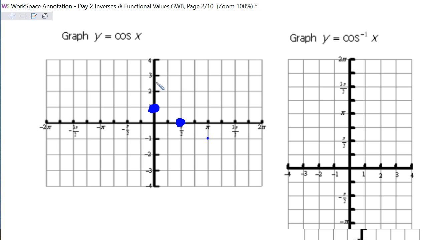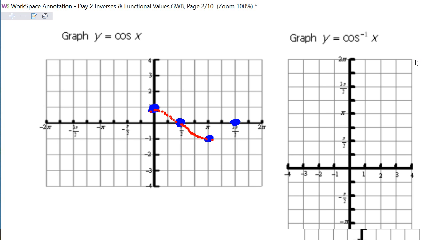And connected these points, so far, does it pass the horizontal line test if I ignore this point down here? Yes, but what happens when I come back up to the x-axis? Does it pass the horizontal line test? No. So we don't need this point at 3 pi over 2.